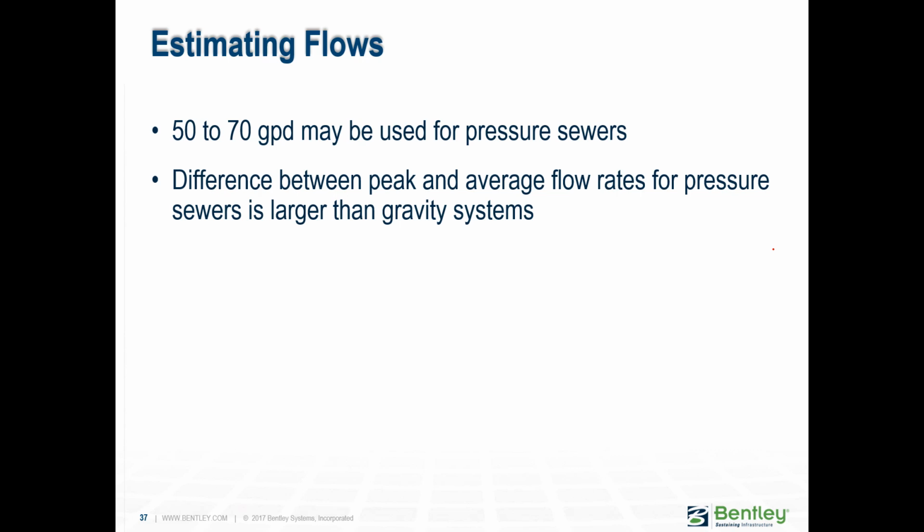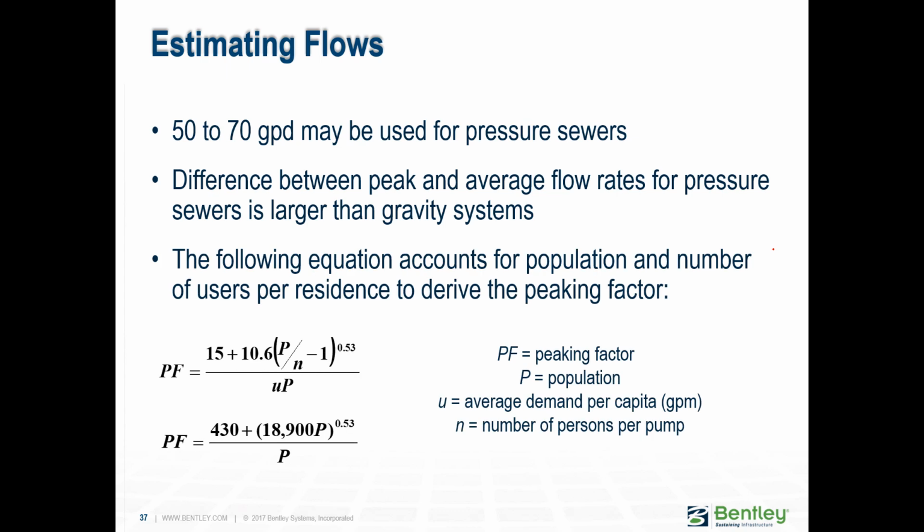One thing that you will notice is that the difference between the peak and the average flow rates for these kinds of systems is much larger than it is for gravity systems, because it doesn't naturally flow, right? Basically, the flows are when all the grinder pumps happen to go on at the same time, and then maybe no flow from the grinder pumps. So that is what makes that difference be so large.